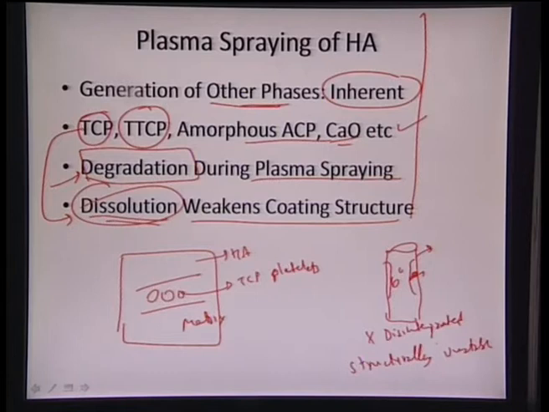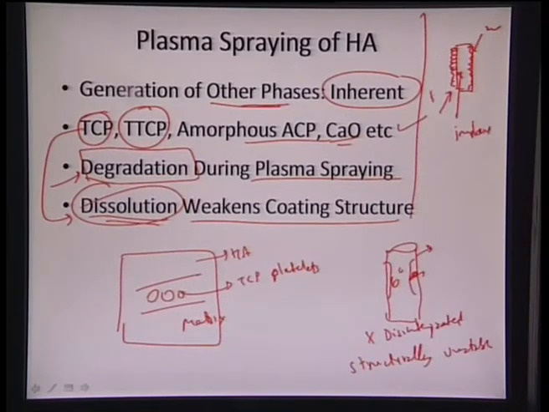Even when we want degradation, it should be much more controlled in nature, because if we want the bone to fill up the material, the material should start degrading from the surface, and then bone should take the place of that dissolved surface in order to achieve a good bonding between the implant and the surrounding tissue.